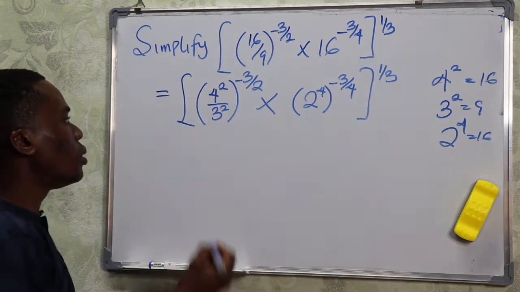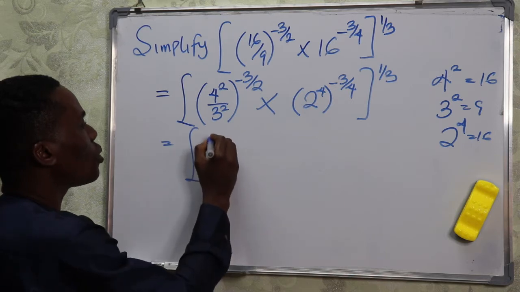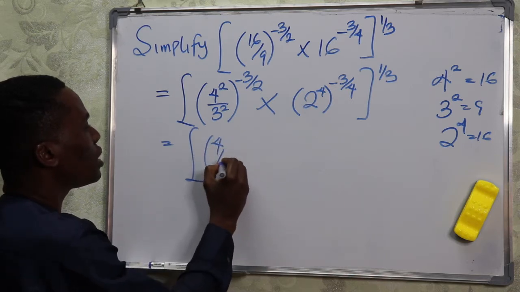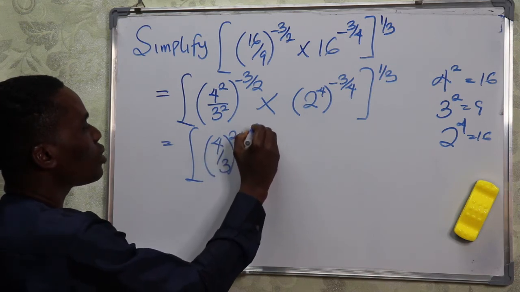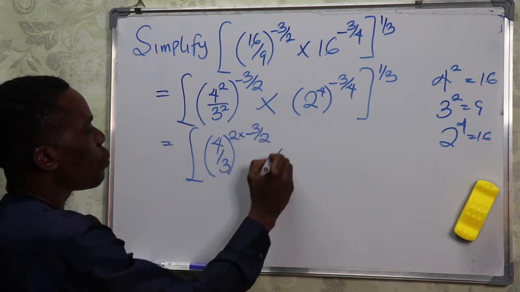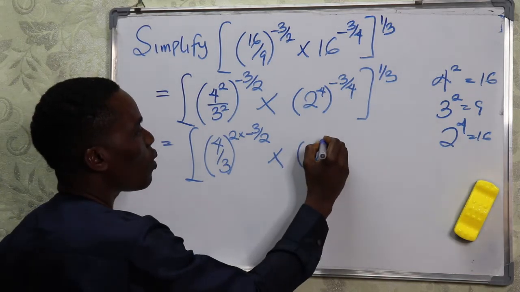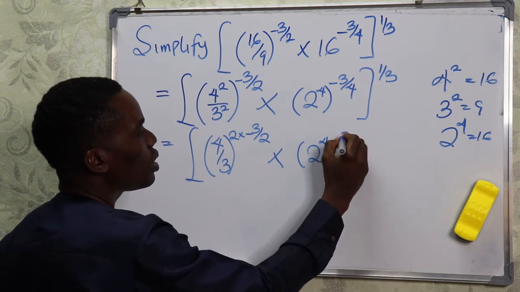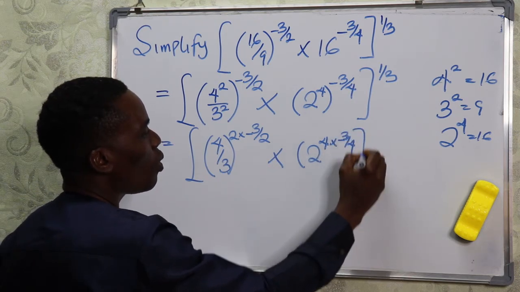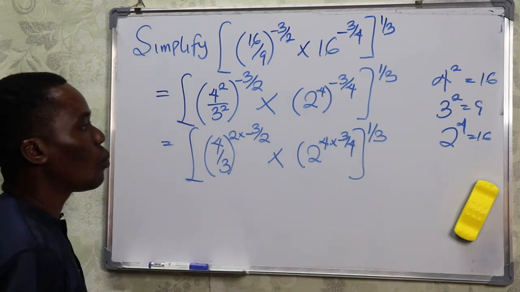Now the next thing we want to do is to simplify further. We are going to have (4/3) all in brackets raised to 2 times minus 3/2, multiplied by 2 raised to power 4 times minus 3/4, all raised to power 1/3.